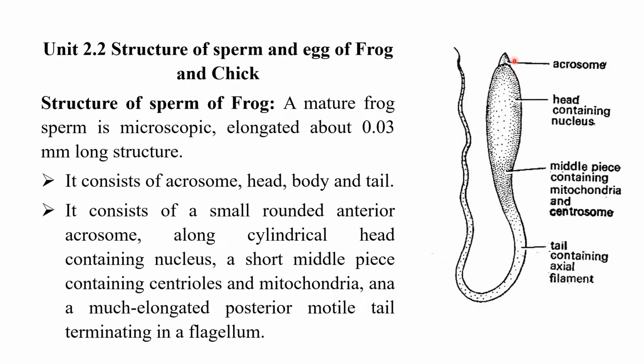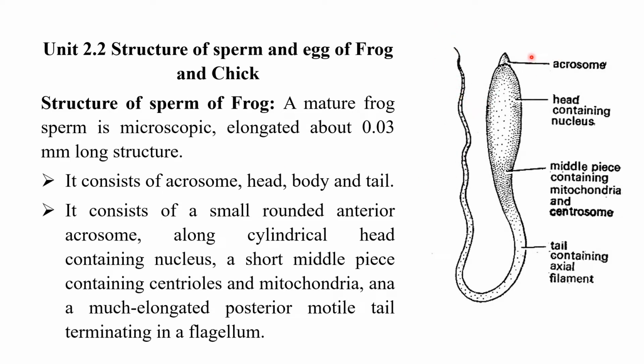Along with the acrosome, a cylindrical head which contains nucleus and a short middle piece containing centrioles and mitochondria, and a much elongated posterior motile tail terminating in a flagellum.